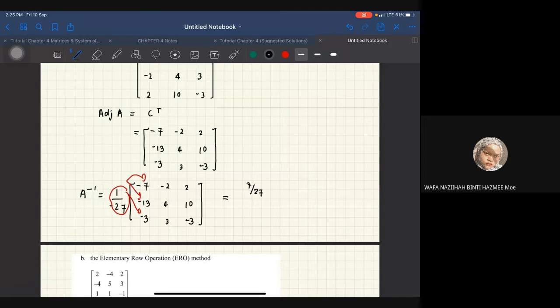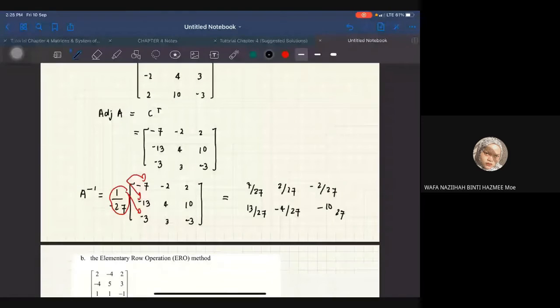Okay, lepas tu bawah dia 13 over 27. And then you have 4 over 27, negative. Okay, and then negative 10 over 27, 3 over 27, negative 3 over 27. Boleh tak kita simplifykan dia?